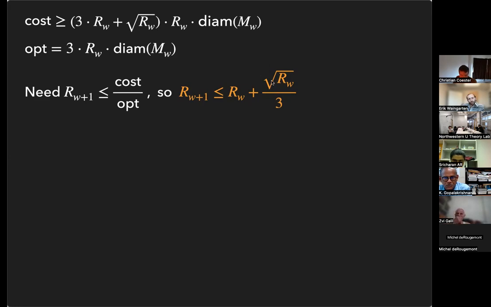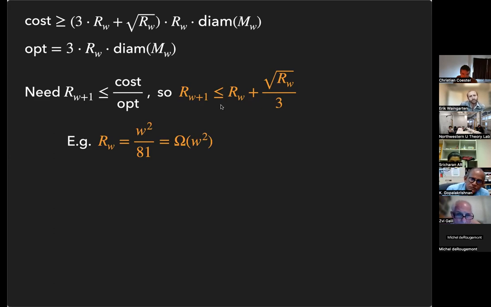By the way, if I were a bit more precise, there would be another constant factor here, because from the central limit theorem, there's another constant factor here, but let's ignore this for now. And this recurrence is solved, for example, by choosing RW to be W squared over 81. So it is basically quadratic in W.